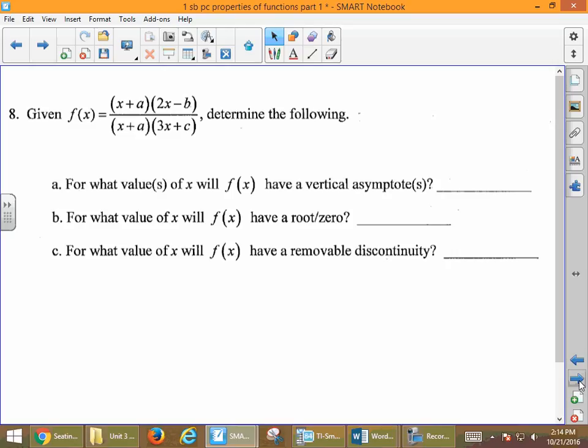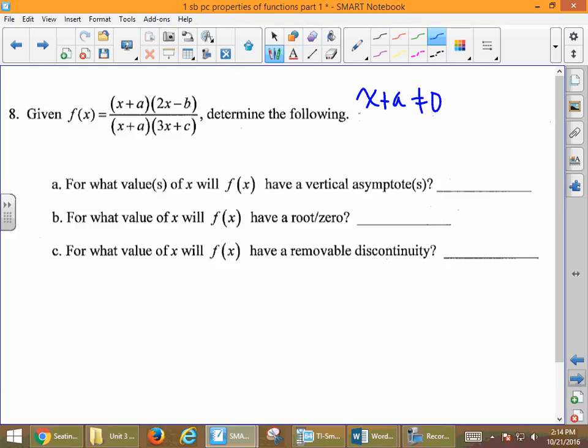Well, the process is still the same. We take our denominator values of x plus a and set it not equal to 0. And we also take 3x plus c and we set it not equal to 0. And we're just looking at the x values, which is what we do for domain anyway.